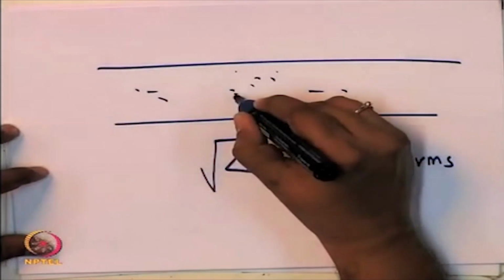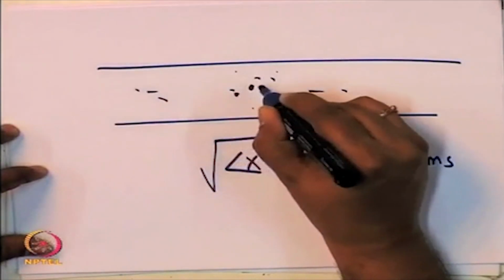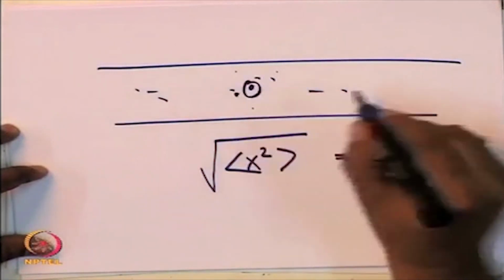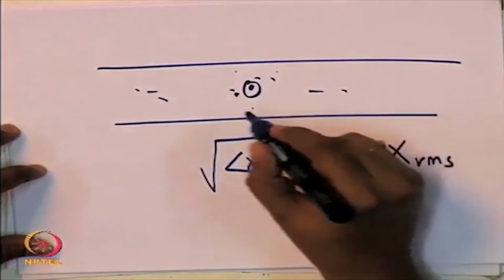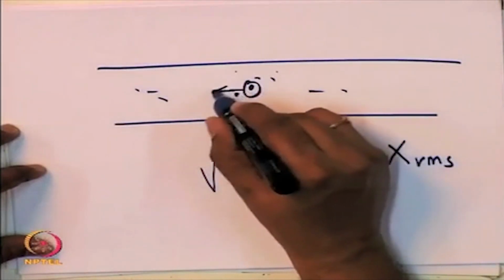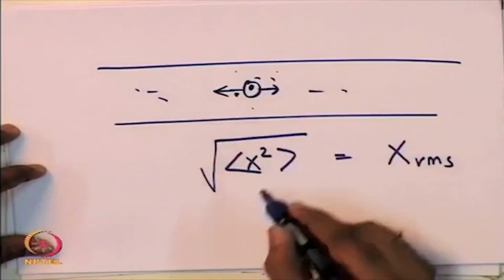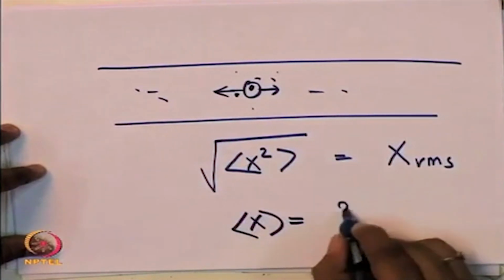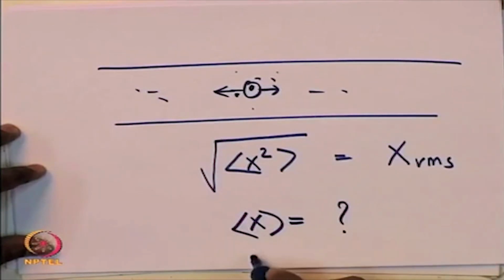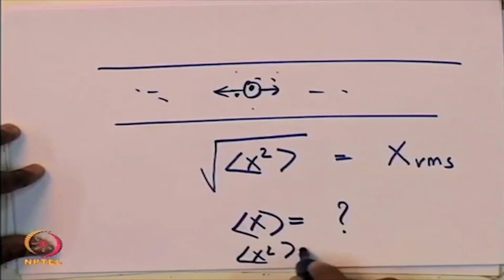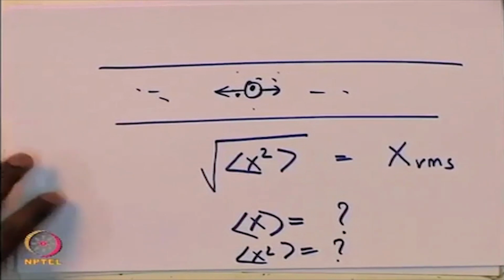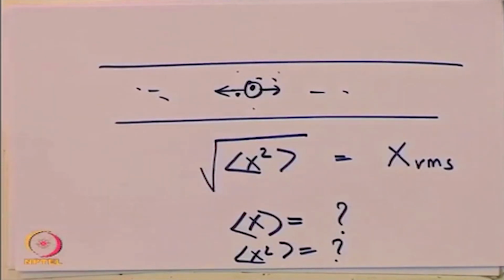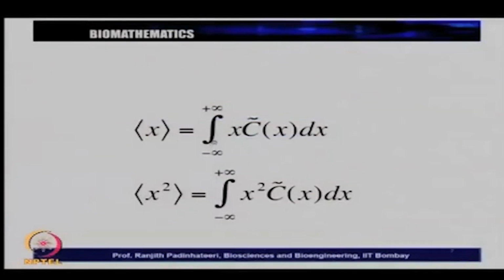So, let us think about just one particle here. This one particle can go a little here, then it goes here. So, on an average, we can find out what is the average distance and what is x square average. This is what we want to find out, and this is what we have defined here. We have defined x average as this and x square average as this. Okay, now let us calculate this.